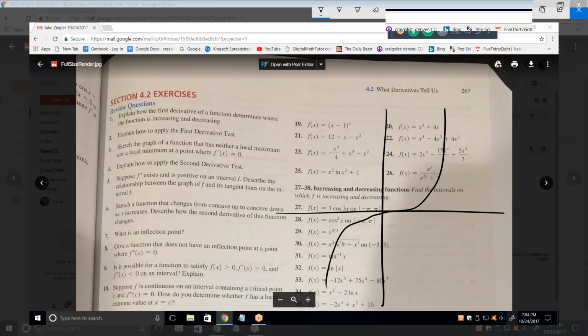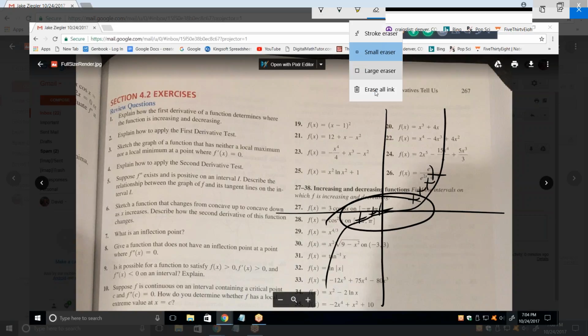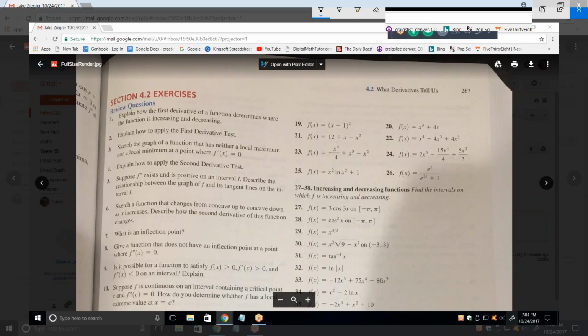This function right here has a derivative that's 0 that is neither a minimum nor a maximum, because the slopes don't change signs. They go plus, plus, plus, plus, plus, plus. In other words, it fails the first derivative test. Explain how to apply the second derivative test.